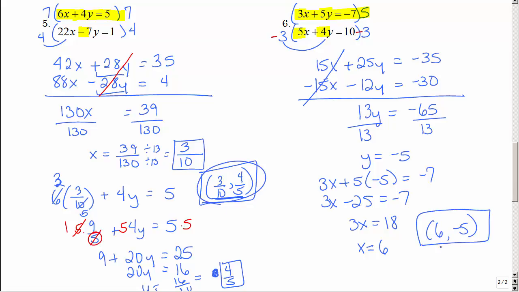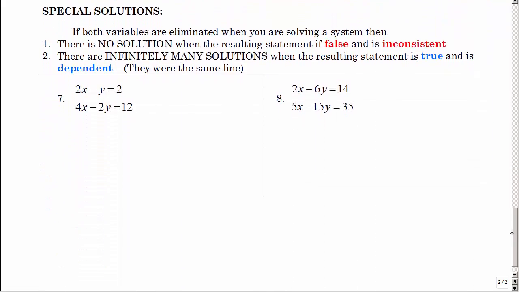Sometimes they're ugly, sometimes they're pretty, but the idea is to, if you need to, multiply by the appropriate numbers to get opposites, so when we add, they're eliminated. Now just like on substitution we had special solutions, we have the same exact special solutions for the elimination method, because if you get something false, remember, if all the variables go away, inconsistent, no solution, meaning the lines were parallel.